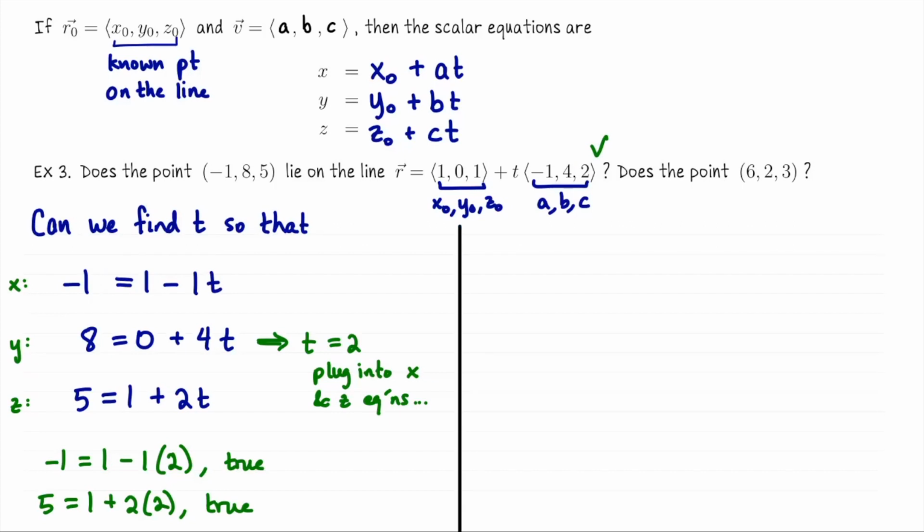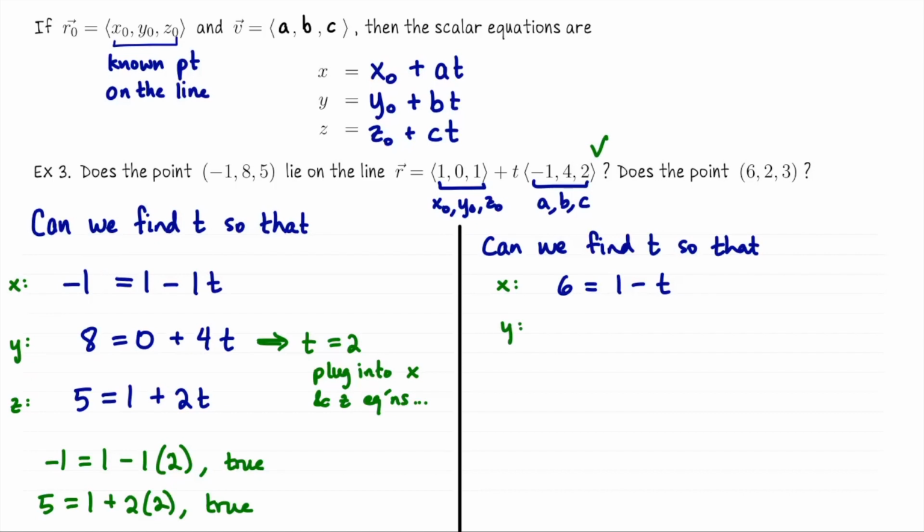Okay, let's try the same process for the second point. You might want to pause the video and try to work it out and see what you get. Okay, so can we find t so that for x, we have 6 equals 1 minus t.